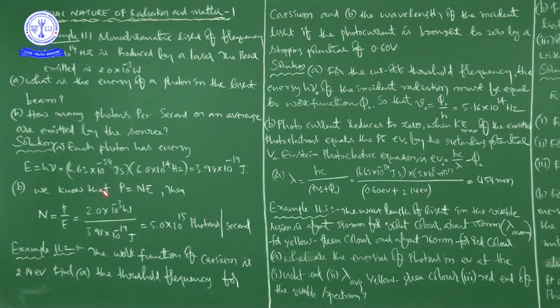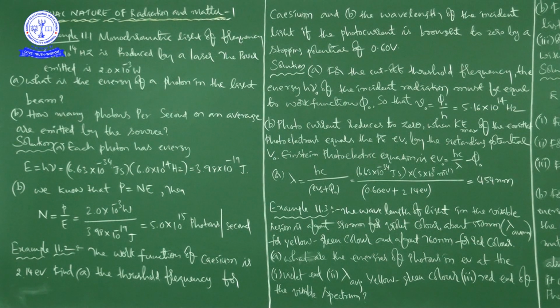And you know the relation: power P transmitted in the beam equals N times the energy per photon. That is, P = N E, so N = P/E. P is 2.0 × 10^-3 watt, and E is the value we just found, 3.98 × 10^-19 joules. Watt is the SI unit of power, and joule is the SI unit of energy.